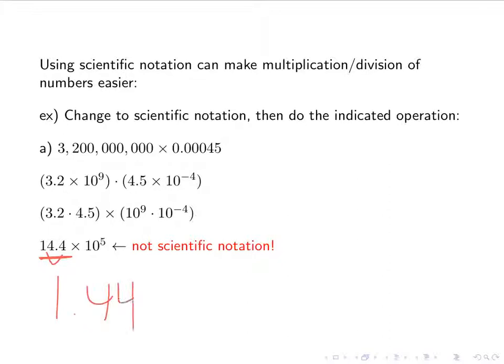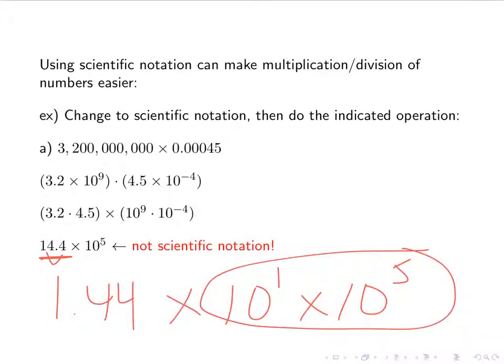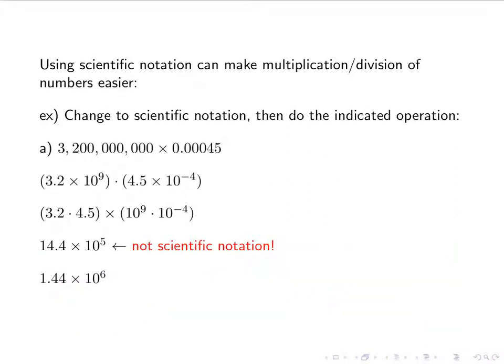Now I moved it over because it was a big number, and I moved it over once. So 14.4 is 1.44 times 10 to the first. And then I still have my 10 to the fifth. This, again, is the rules of exponents. I just add my exponents together. So I get 1.44 times 10 to the sixth.